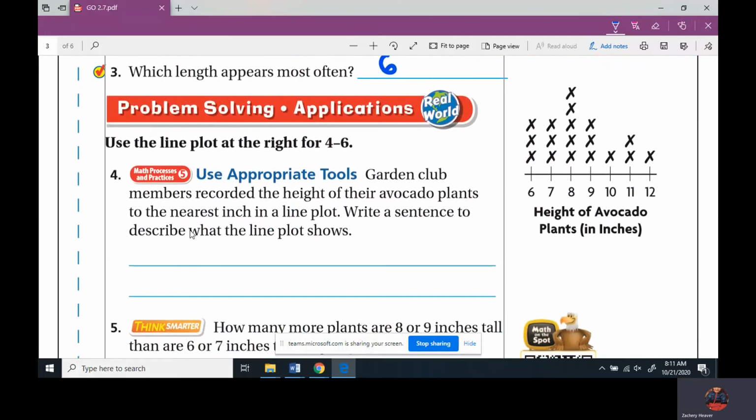Number 4 says, the gardening club members recorded the height of their avocado plants to the nearest inch in a line plot. Write a sentence to describe what the line plot shows. Well, we can look. The avocado heights are between 6 and 12, with 8 being the highest. I should spell it right because it's in a sentence.